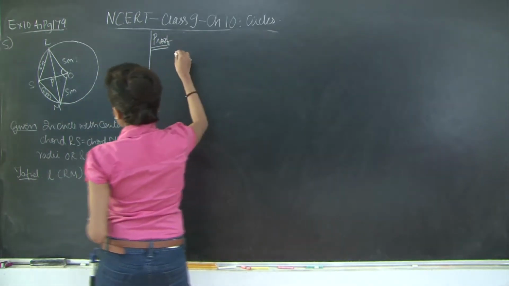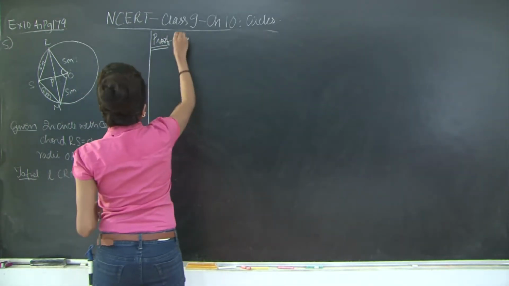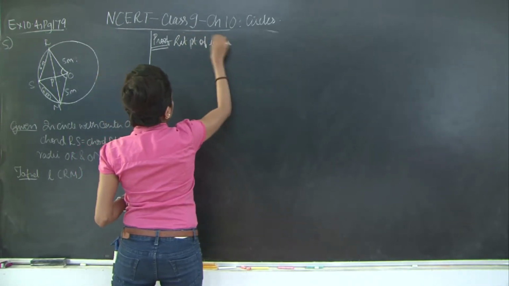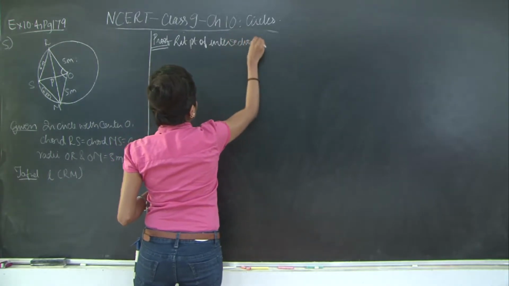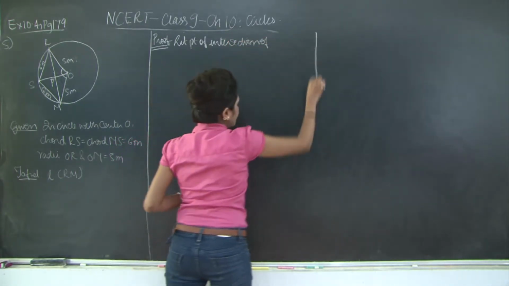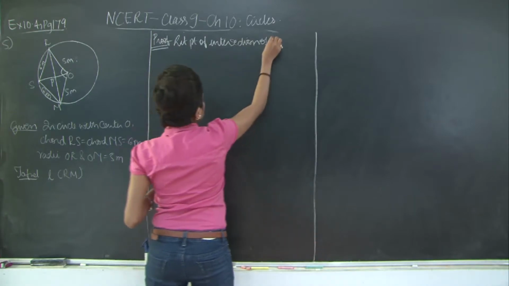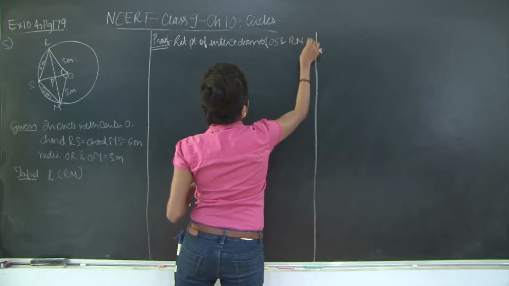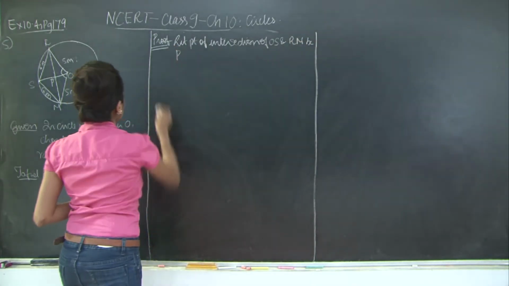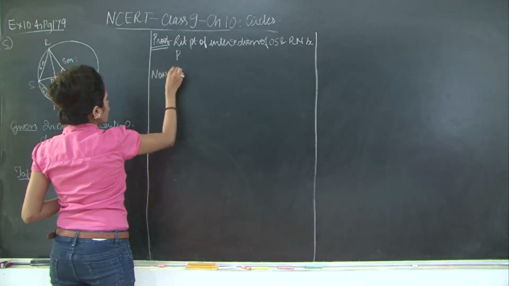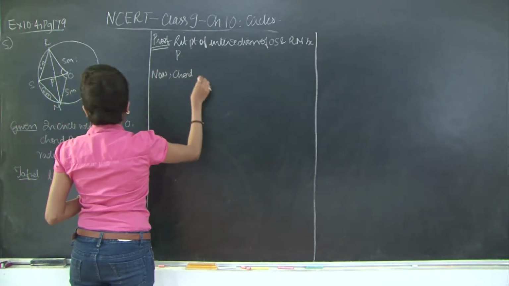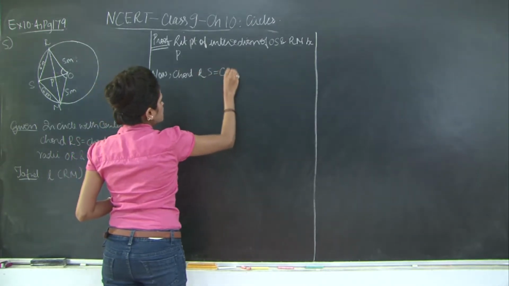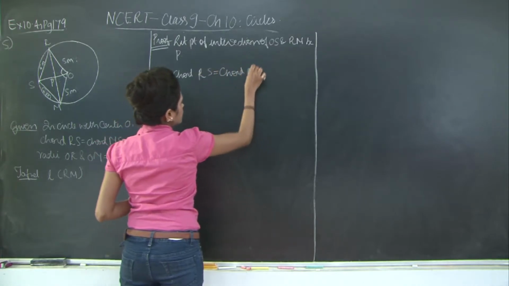Let the point of intersection of OS and RM be P. Now chord RS is equal to chord MS. This is given.